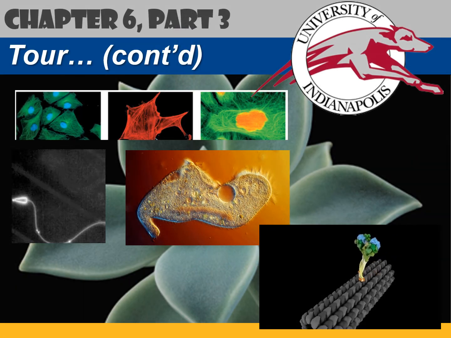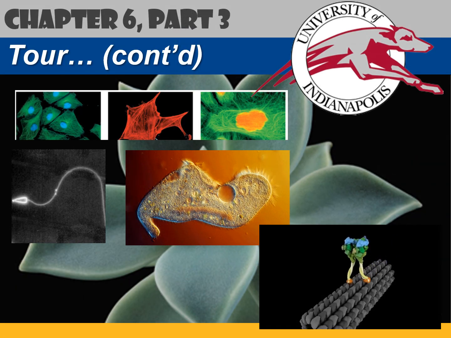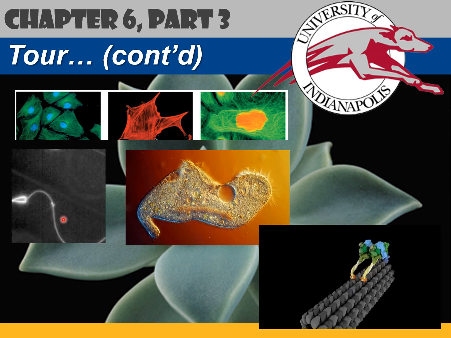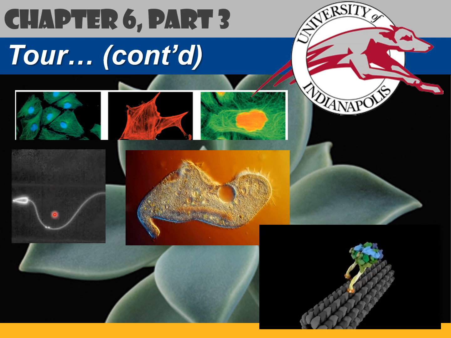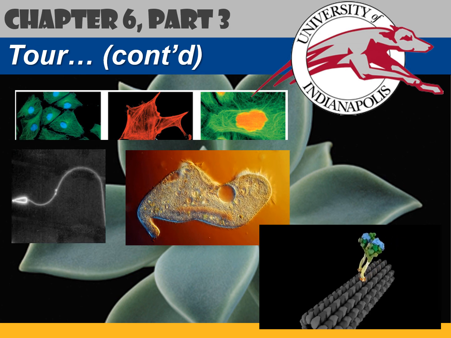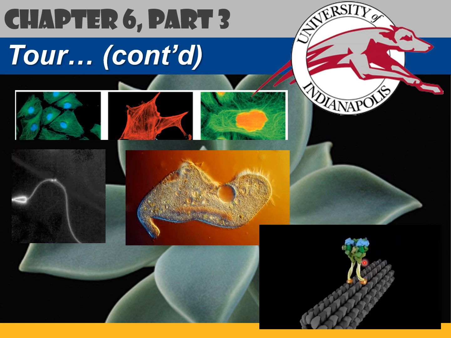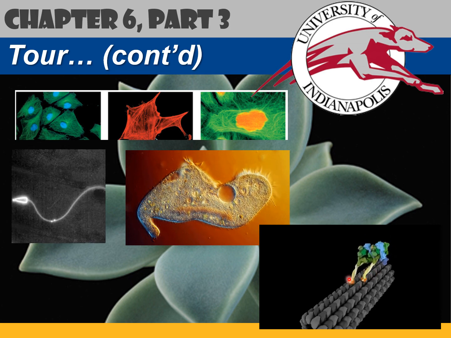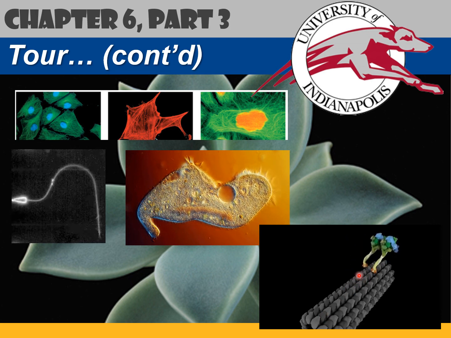And we'll finish off this segment with a couple of moving images for you. There's that flagellar motion of dynein with microtubules, and we have some cilia here. And there's a motor protein showing you how they use molecular modeling techniques to figure out how these motors do their thing.